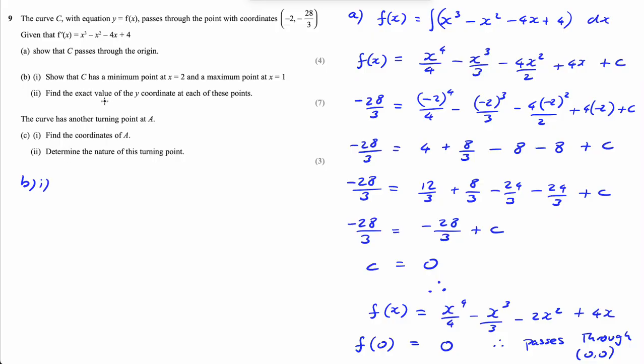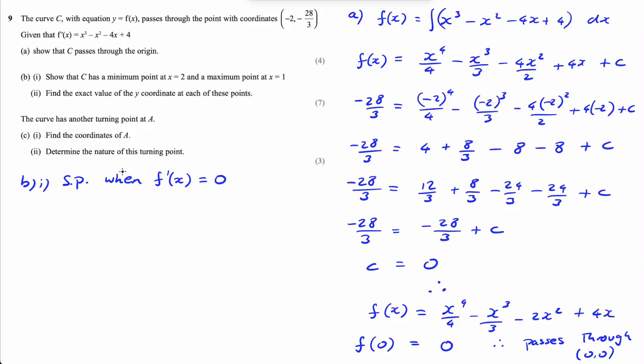So it has a turning point, a stationary point, let's call it SP, when f dash x equals 0. So we need to solve this.